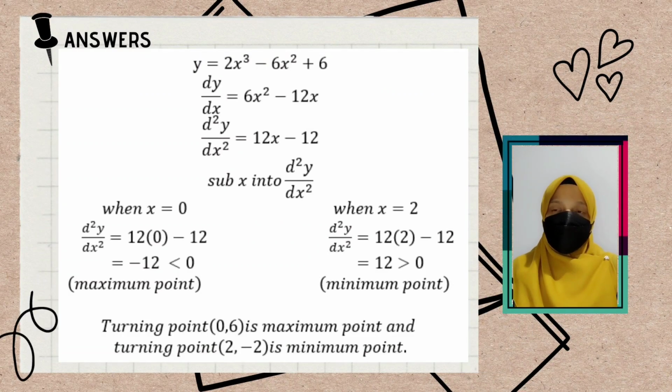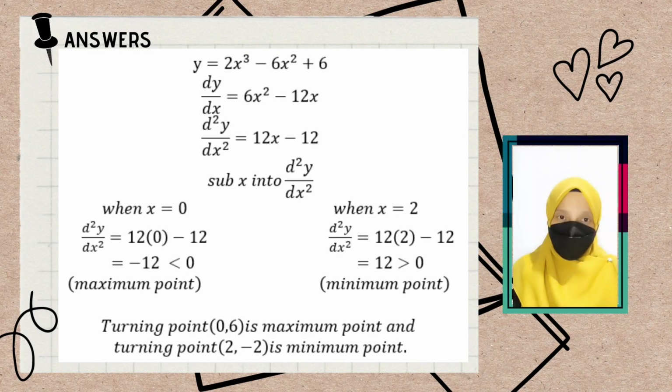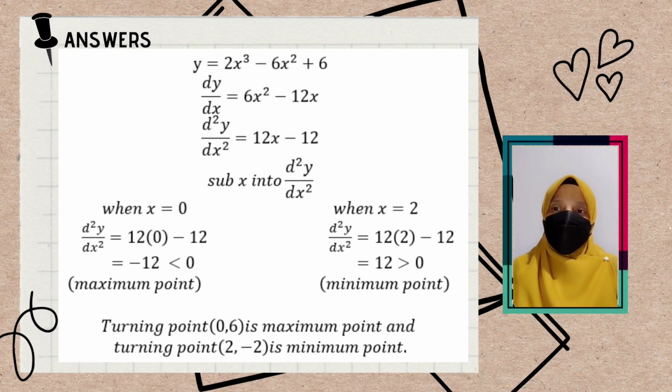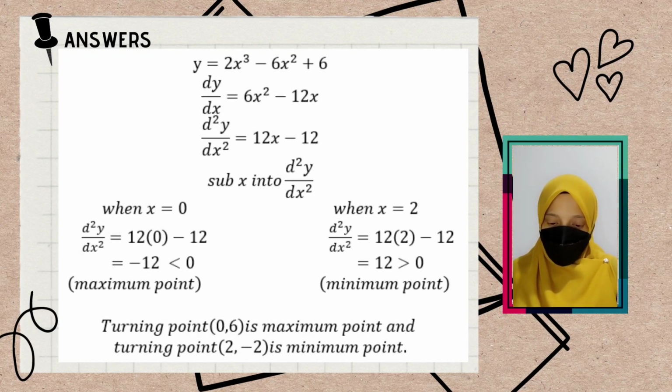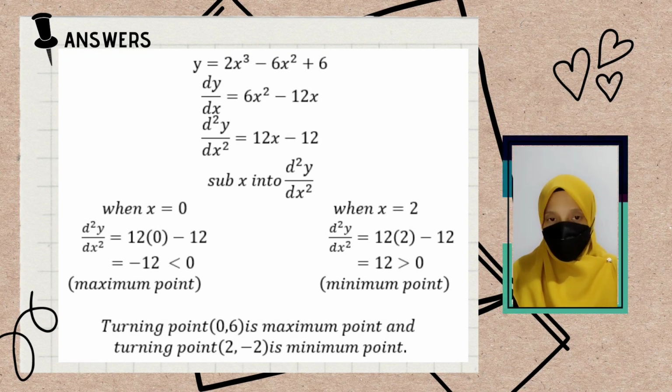First order, dy/dx equals 6x squared minus 12x. For the second order, d squared y over dx squared equals 12x minus 12. When x equals 0, we substitute and d squared y over dx squared is negative, so this is a maximum point.